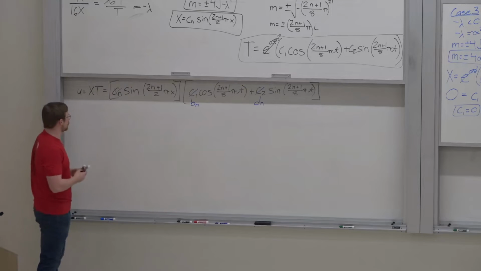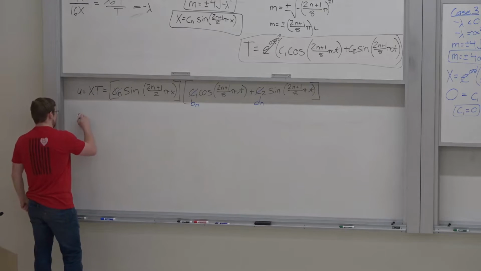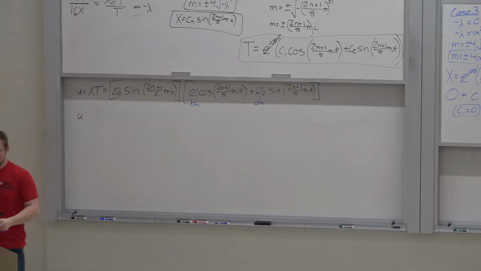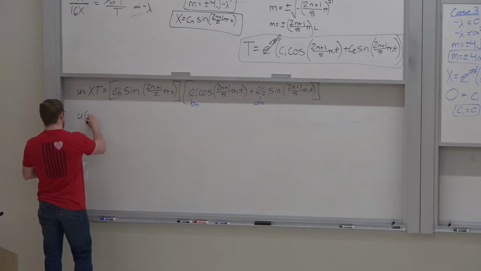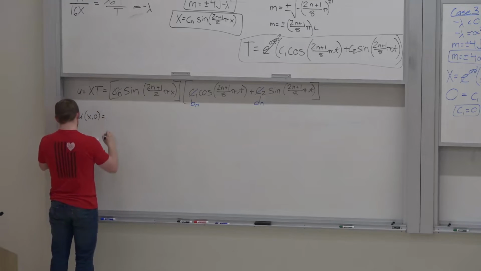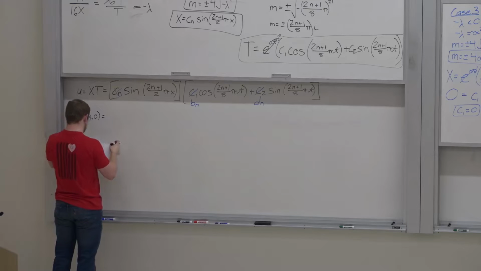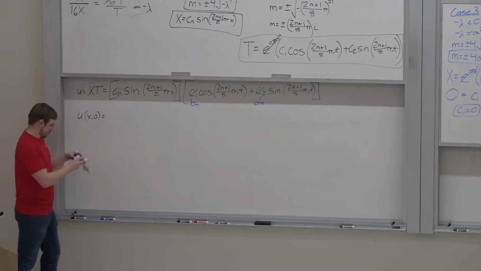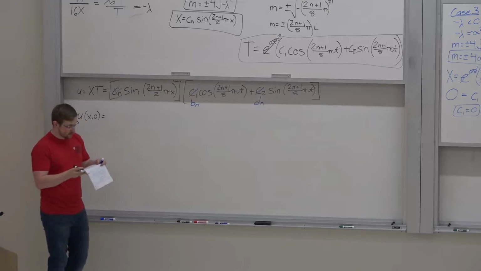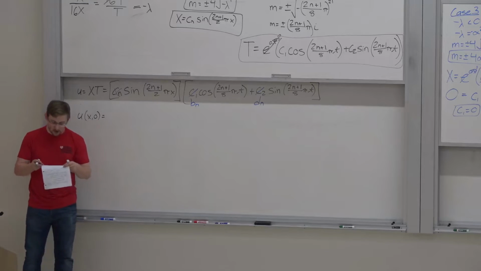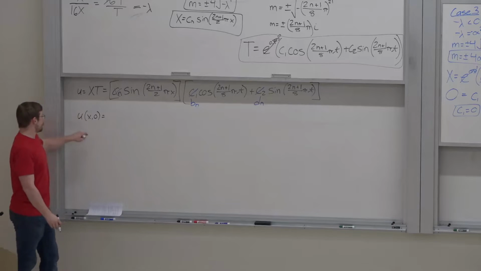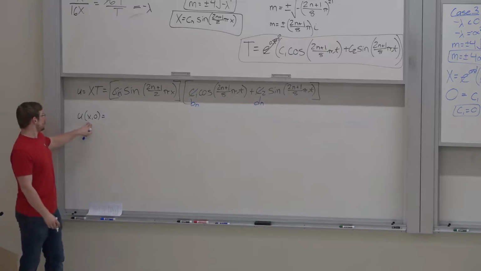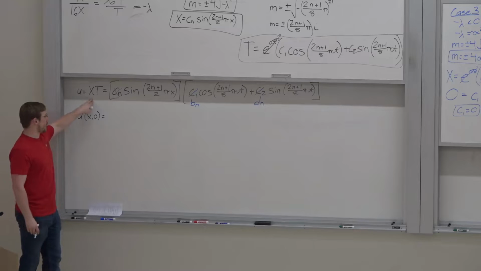Now that I'm here, we need to look at our initial conditions. So I know that our first initial condition is u, and since I have it covered up, I've got to look back at the notes. It says that u at x, 0 is going to be equal to negative 6 sine of 3π/2 x plus 13 sine of 11π/2 x. So before I write that down, let me evaluate this for what I have.